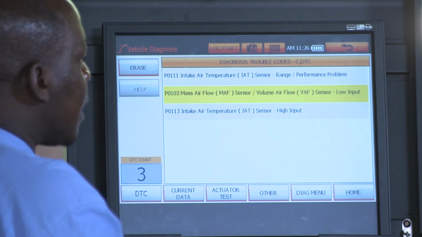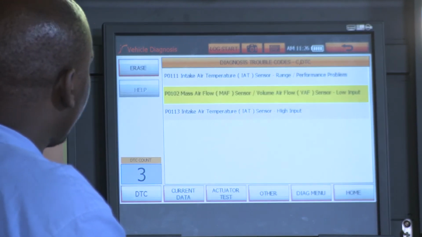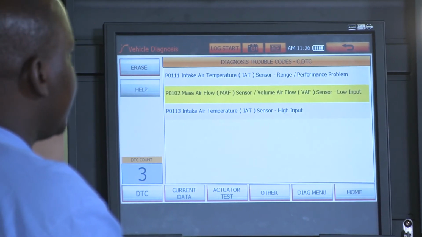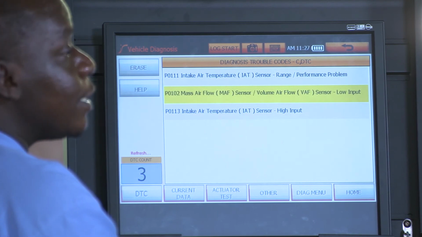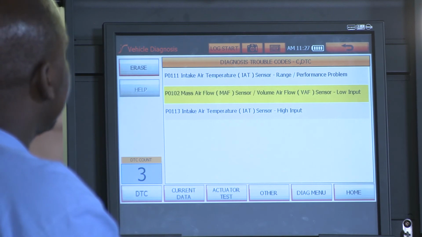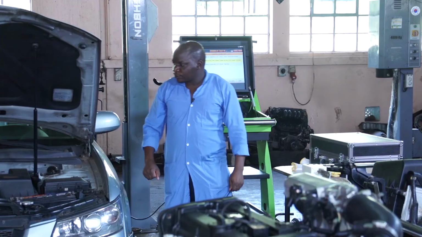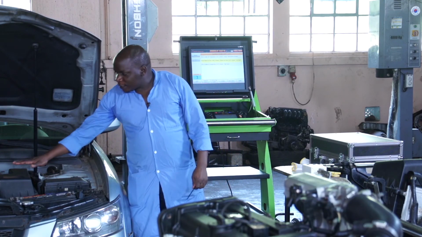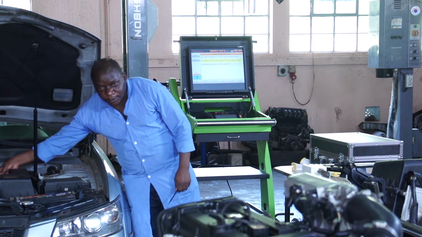Now, as before you have seen the location and the function of the sensors, now we know where the problem is. We have to go to the engine compartment and check the intake air temperature sensor and the mass airflow sensor. So on the engine, here there is the mass airflow sensor.